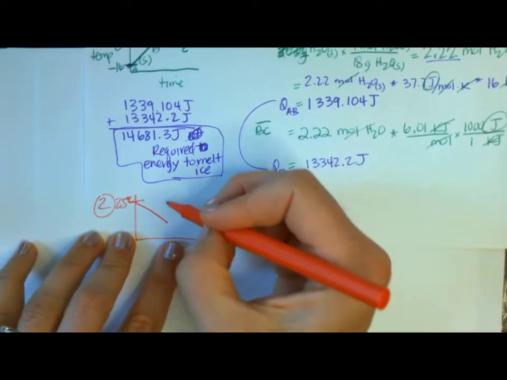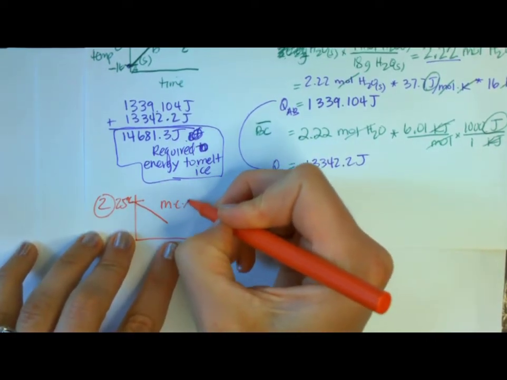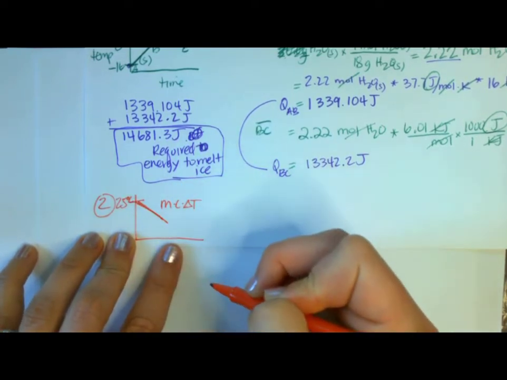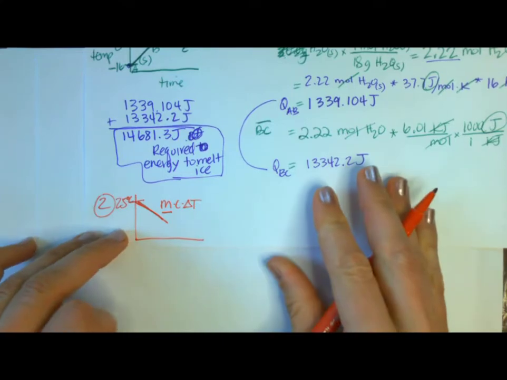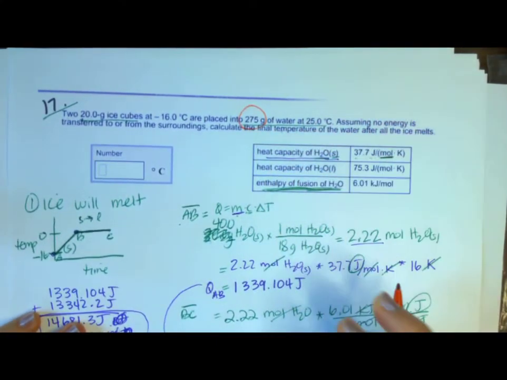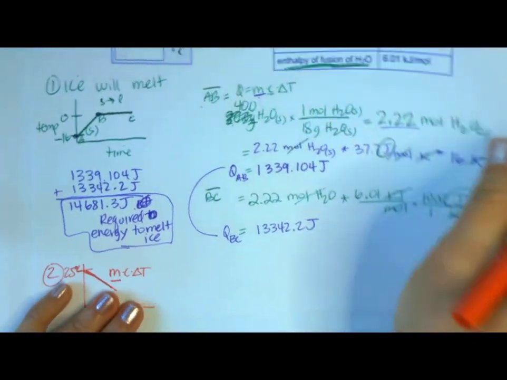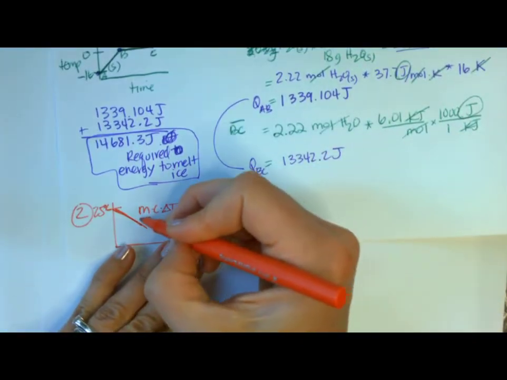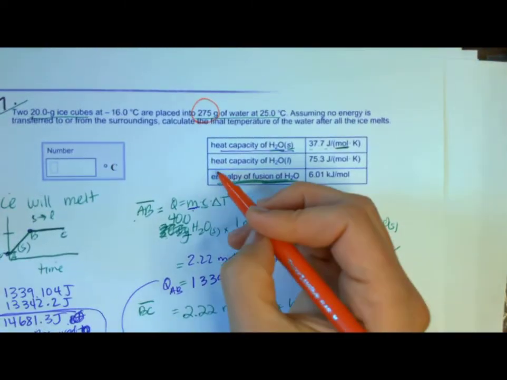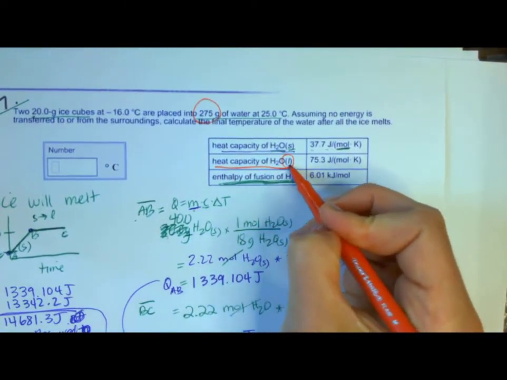We need to calculate that, but we're going to use M times C times delta T because there's going to be a change in temperature. It's going to fall, right? We know the mass of the water that we're using. Up here, it told me 275 grams of water. I know the specific heat of water up here, the heat capacity of liquid water.